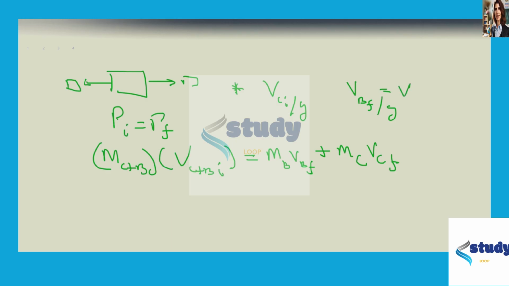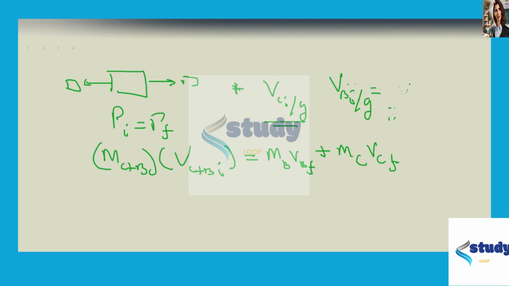Actually, we should do the initial here, not the final. These are relative velocities we're looking at, and so we're saying the initial velocity of the block relative to the ground is going to be affected by the initial velocity of the car relative to the ground.